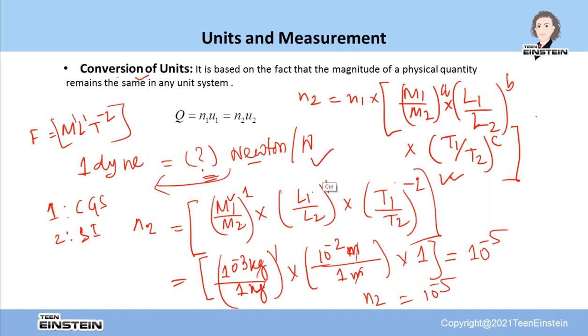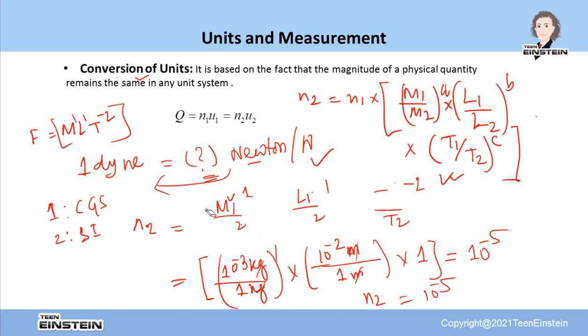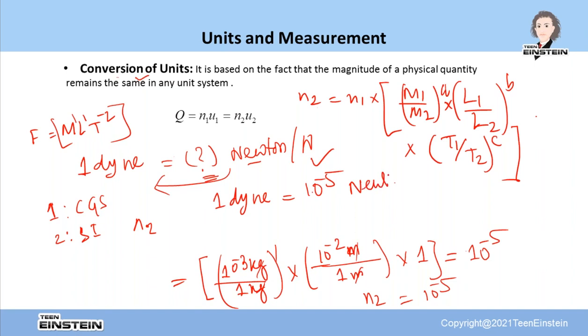So this is a Newton. So look here, 1 dyne is equal to 10 to the power minus 5 Newton.